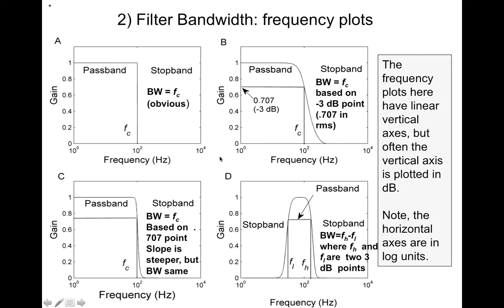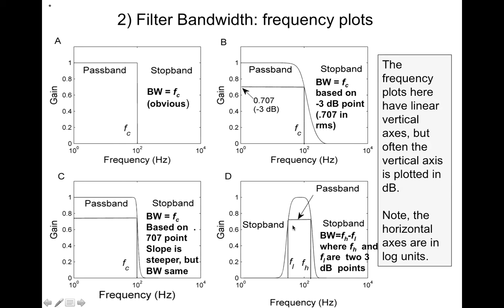So the bandwidth of the filter, in the first three cases where you have the low pass filter, is basically going to be this 3 dB point. Obviously in this one, which is perfect, you don't have a 3 dB point, so that would basically occur on the vertical slope.